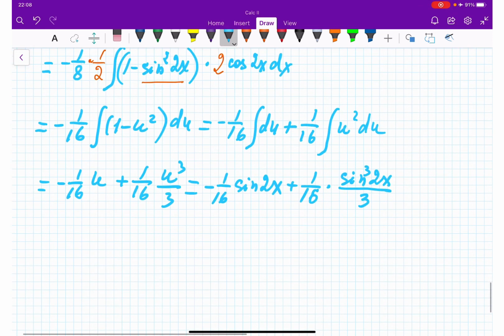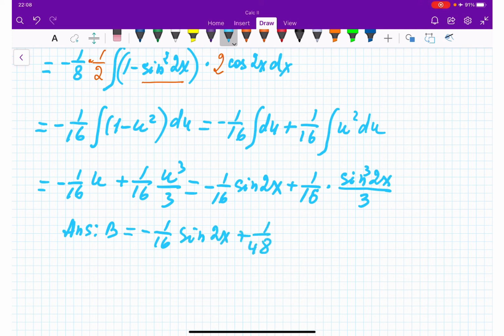So the answer for B is equal to negative 1 over 16 sine 2x plus 1 over 48 sine cubed 2x.